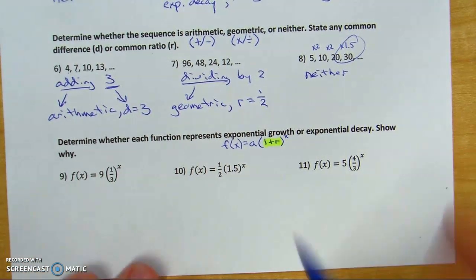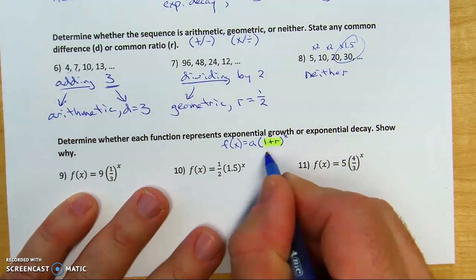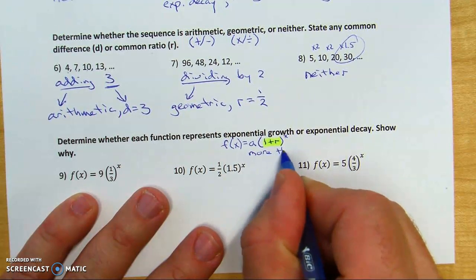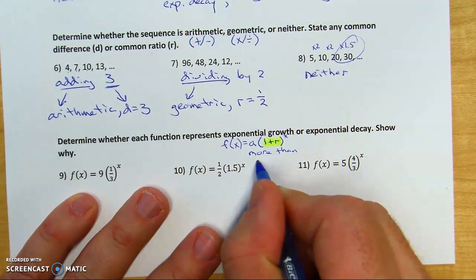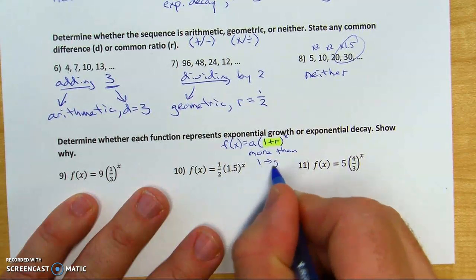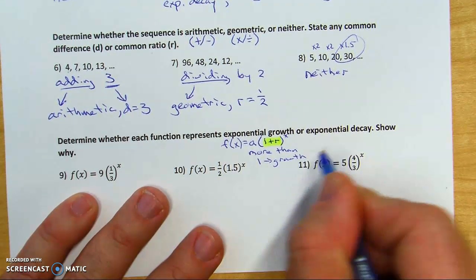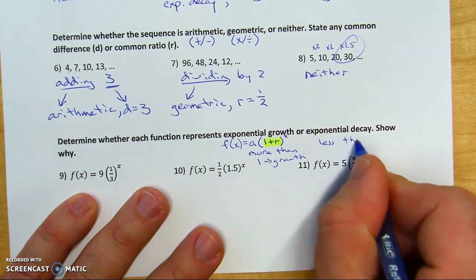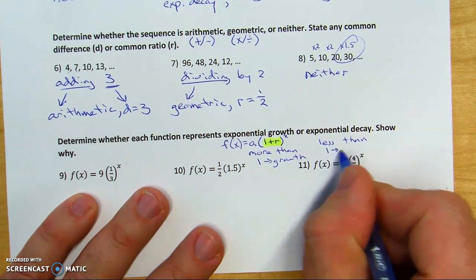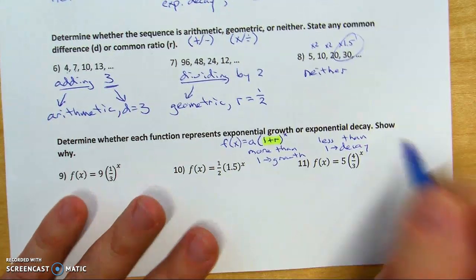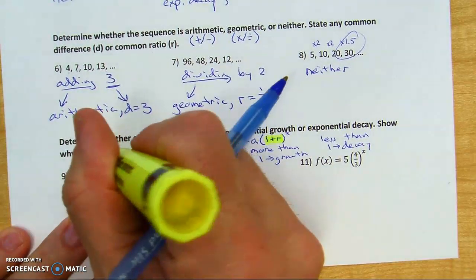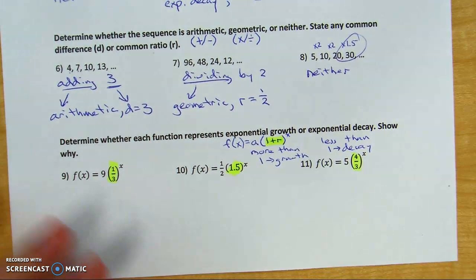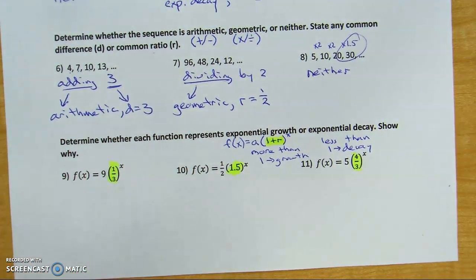If that number is more than 1, it's growth. And if it's less than 1, it's called decay. So over here, I'm just going to highlight, we're just looking at what's inside the parentheses. I also sometimes call that the base.